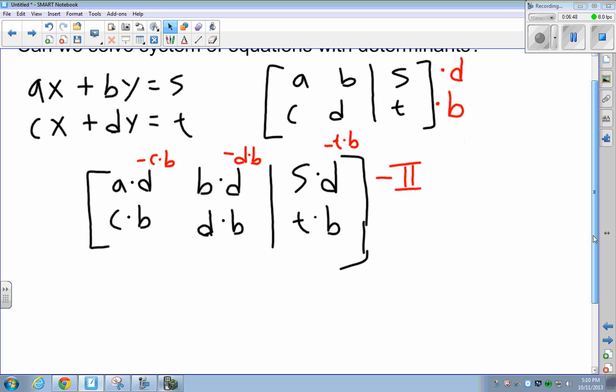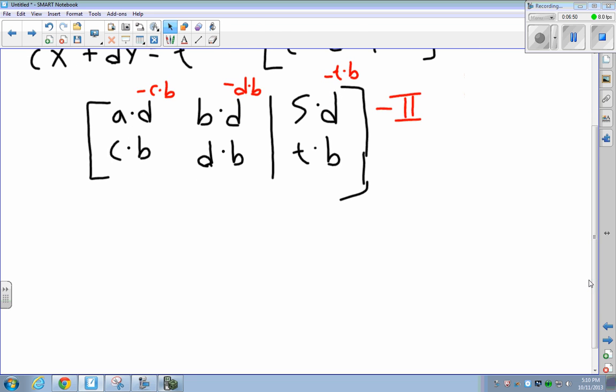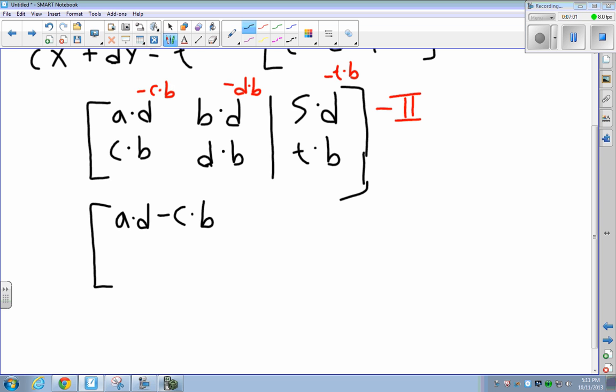Okay, so now we can rewrite this new matrix as the following. Now, b times d minus d times b, those are both the same thing, so subtracting the same thing from itself, it's just 0.